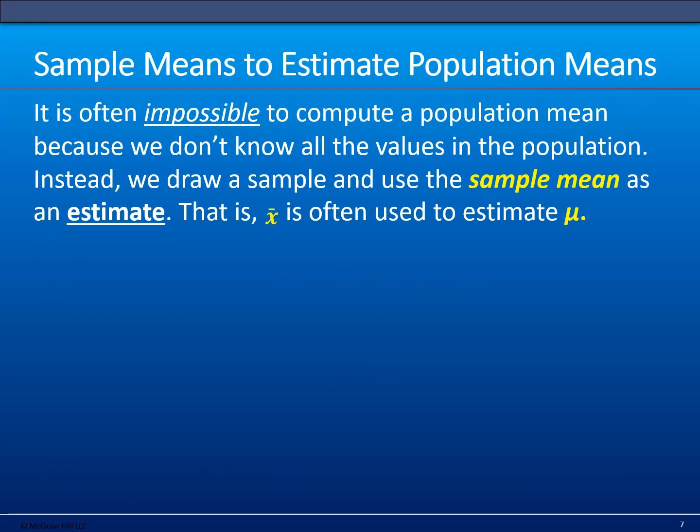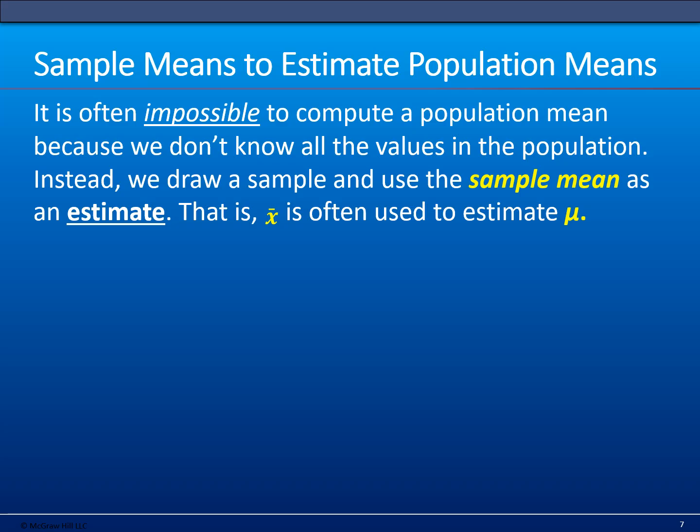It's often impossible to compute a population mean, and this is really about logistics. To try to get a response from every student at Dallas College, which is a finite number but a large number, would be hard, and it would cost a lot of money and a lot of time. And so instead we draw a sample and use the sample mean as an estimate.